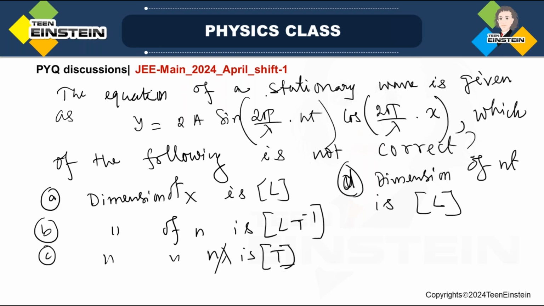Okay, see here, 2 pi by lambda is actually the k vector, the propagation vector.